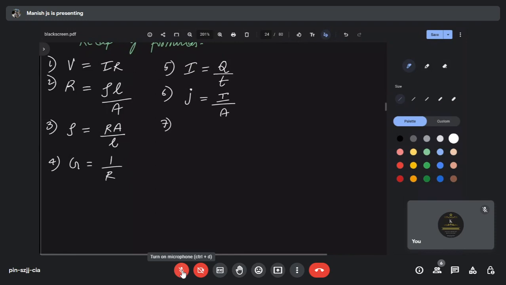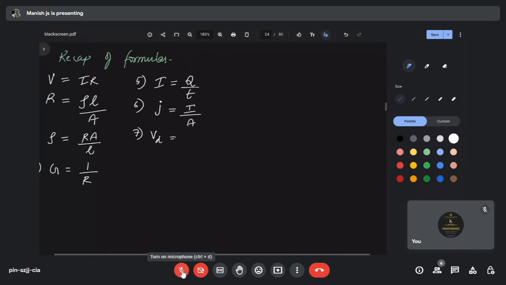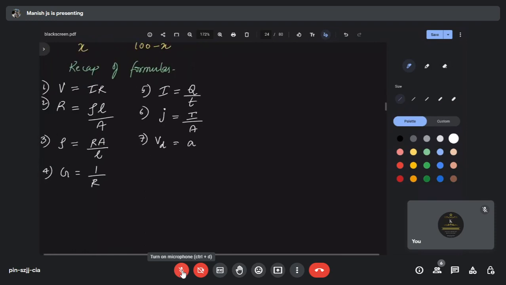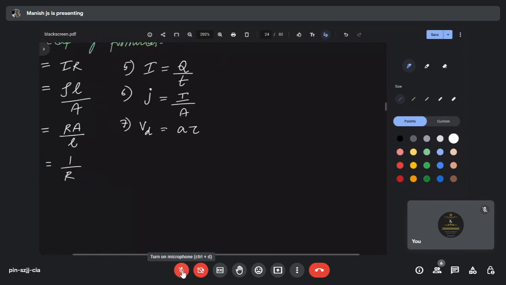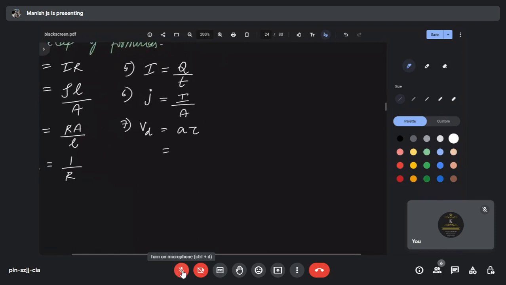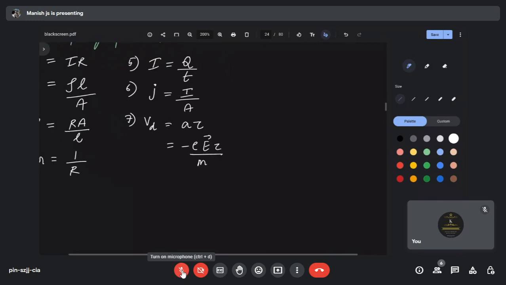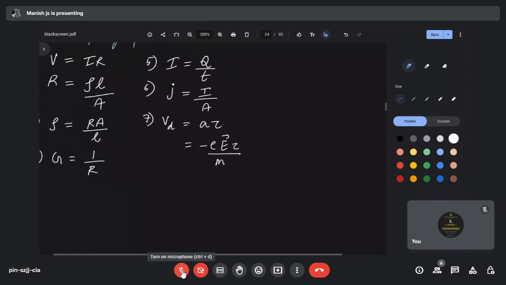Next, the seventh one. சொல்லுங்க. Minus E tau by M into E. Yes. So that is in terms of acceleration, we can write it as A into tau, okay, which can also be written as minus E times electric field into tau upon M, okay, where tau is nothing but the relaxation time of electrons. Okay. Same drift velocity in terms of current can also be expressed.